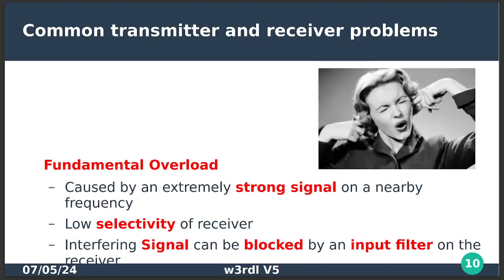All right, common transmitter and receiver problems. Fundamental overload is caused by an extremely strong signal on a nearby frequency. Not to be confused with, you can also get the harmonics. Okay, so near my house, there's a 50 kilowatt AM transmitter radio station.